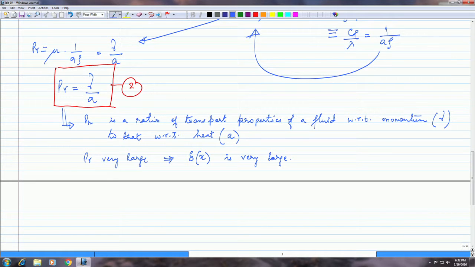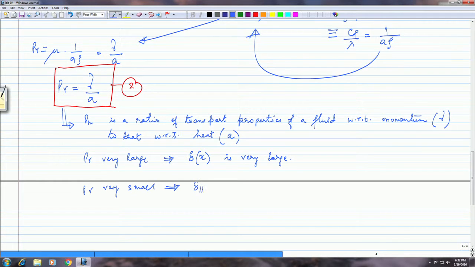Now, similarly, if the heat dominates, when Prandtl number is very small, what happens? Then the heat dominates, right? When Prandtl number is very large, delta x dominates; when it is small, the thermal boundary layer will be dominating.